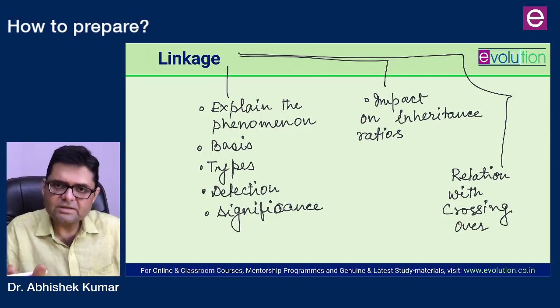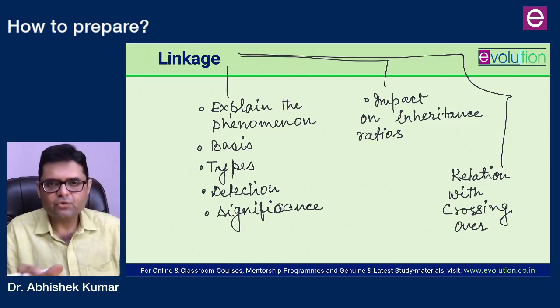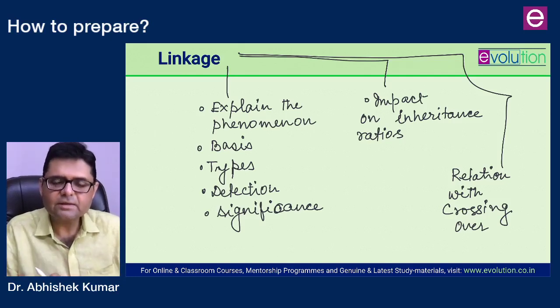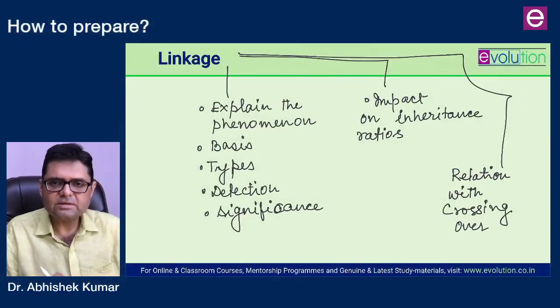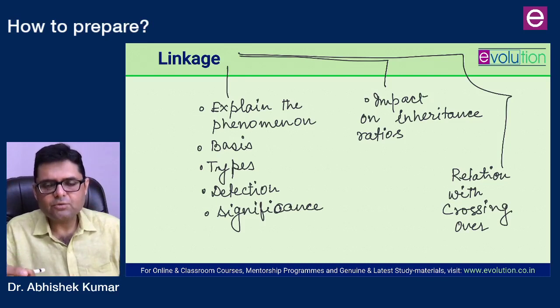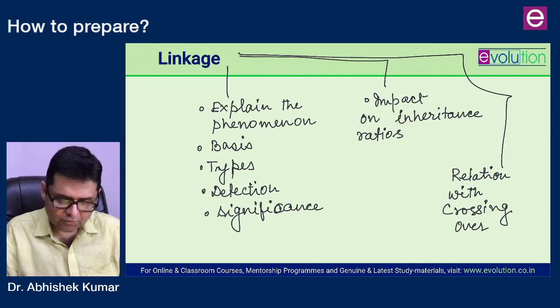If at all these genes get separated from each other and behave independently, this is because of crossing over. So in short, crossing over breaks linkage. That's the whole thing. But when a relation with crossing over is asked, you will first have to explain how does linkage operate, and then you have to explain how does crossing over operate and how crossing over undoes the linkage effect.